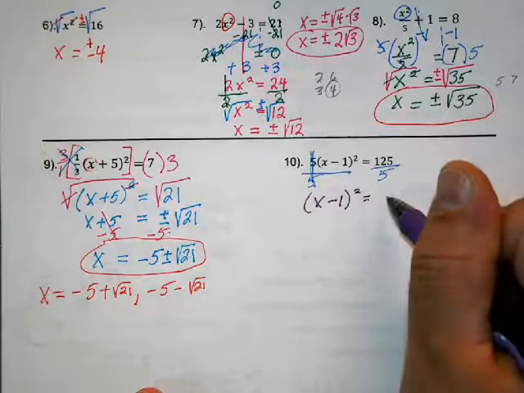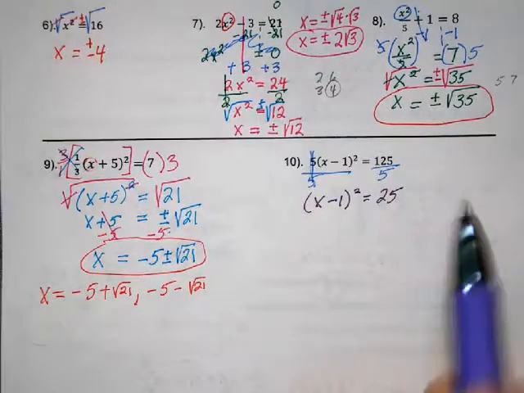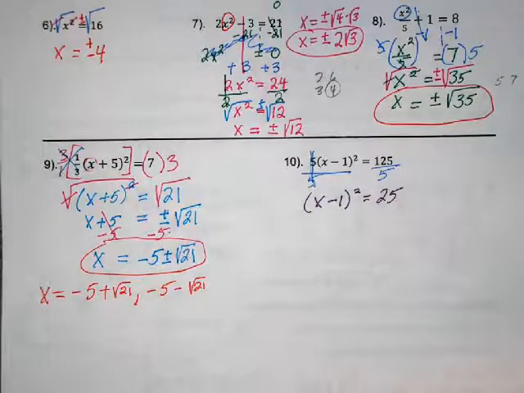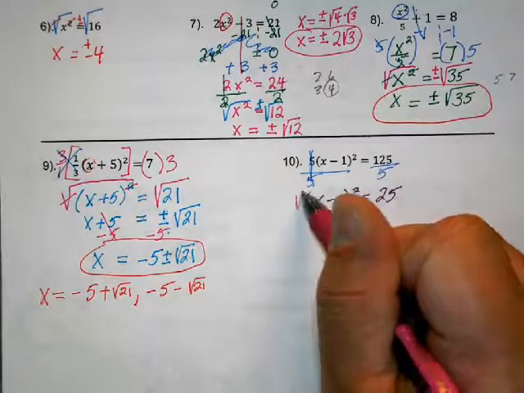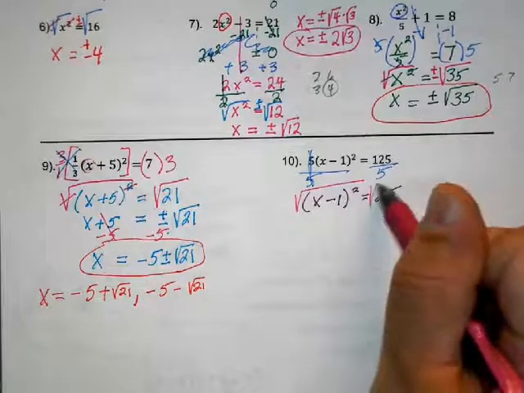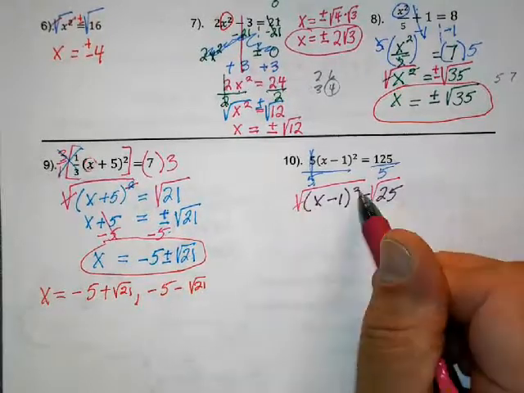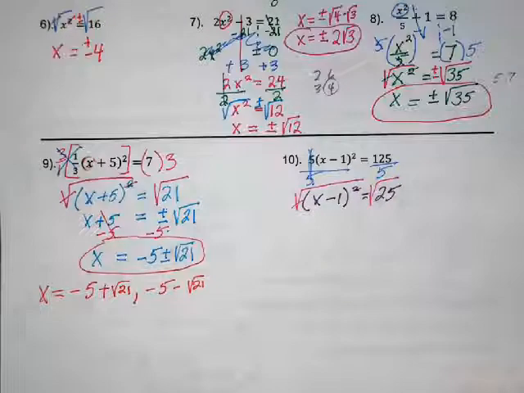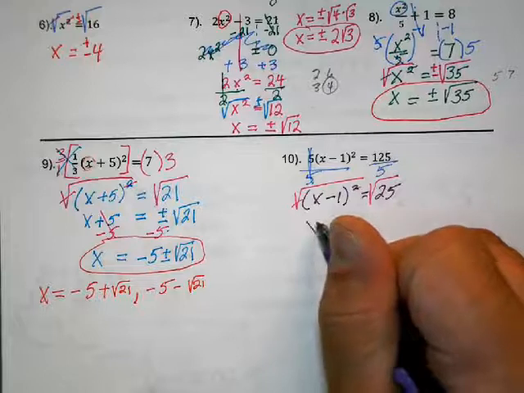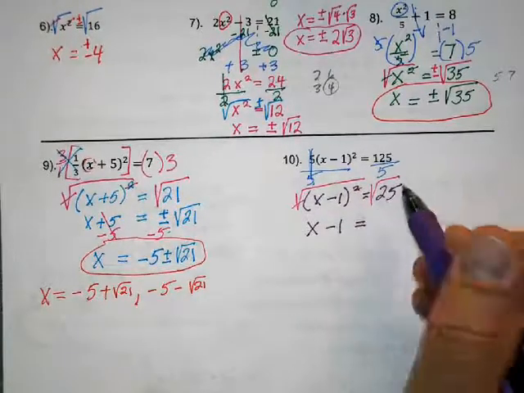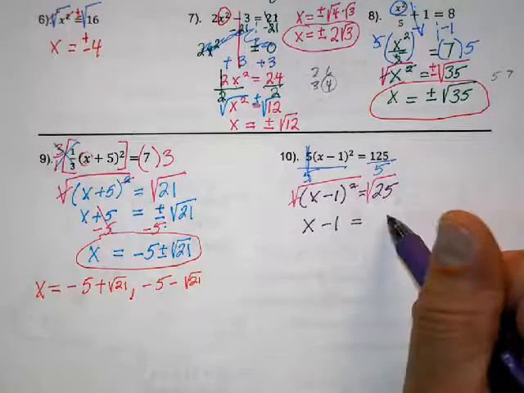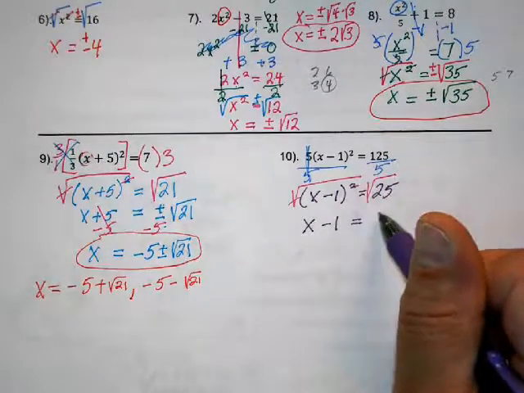I'm going to get rid of the power of 2 because I have parentheses. So I'm going to square root both sides. That cancels out that power of 2. So I get x minus 1 equals, now 25 is a perfect square. It's 5 times 5, right? So the square root of 25, don't forget your plus or minus. Plus or minus 5.